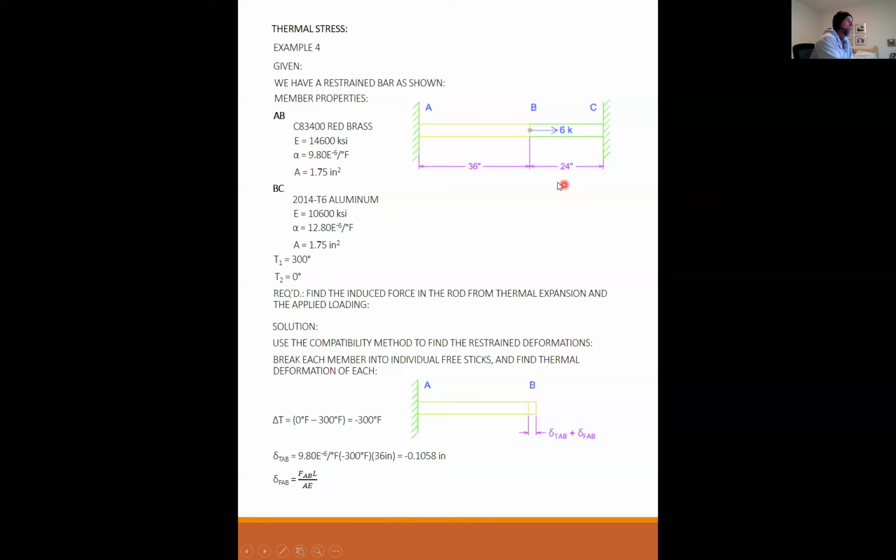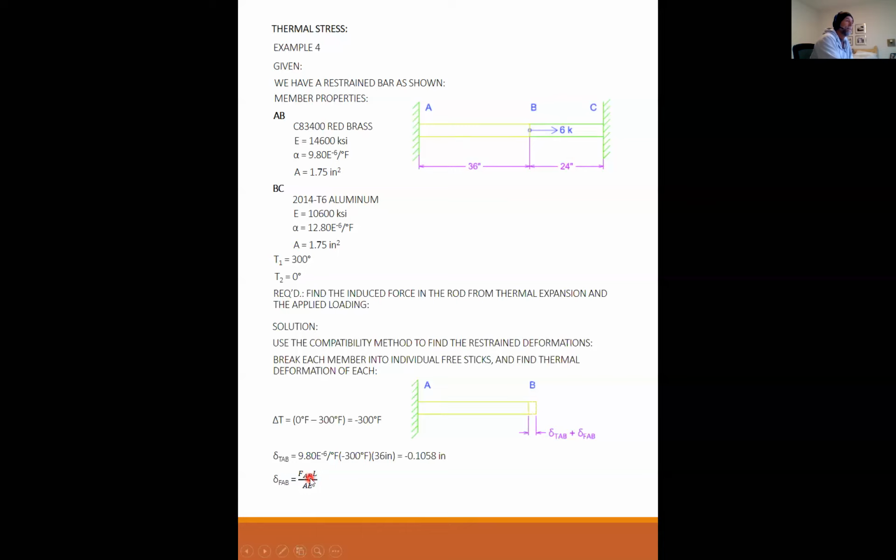Remember the problem that we did two lectures ago. It looked like this, but without temperature change. And remember what we found was that of the 6 kips, 2.4 of it was in tension here and 3.6 of it was in compression here. Some of this load is resisted by AB, some of this load is resisted by BC.